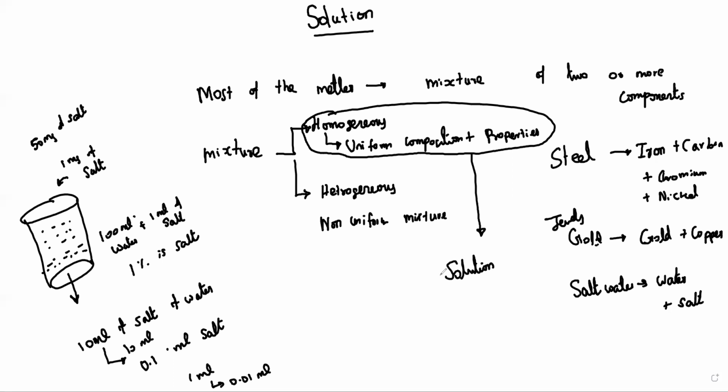So we know that in chemistry, we study the characteristics of matter, the structure of matter, how matter is transformed from one form to another, and how much energy is released during the transformation. This is the main purpose of the subject.